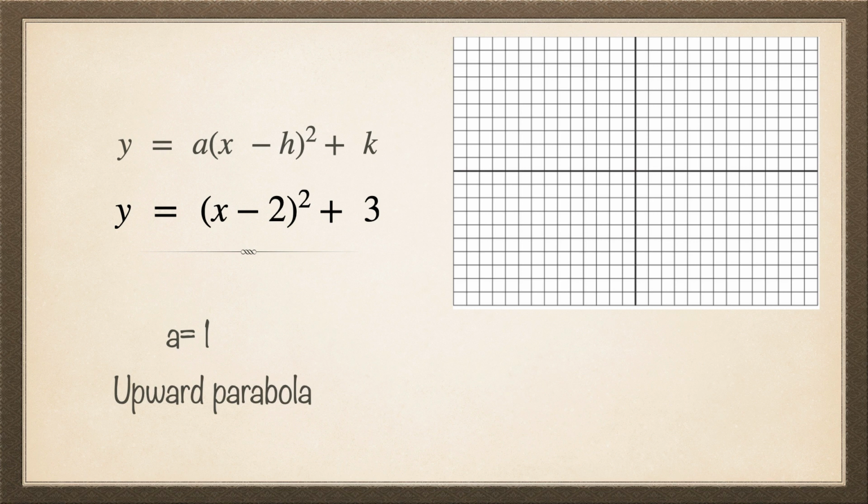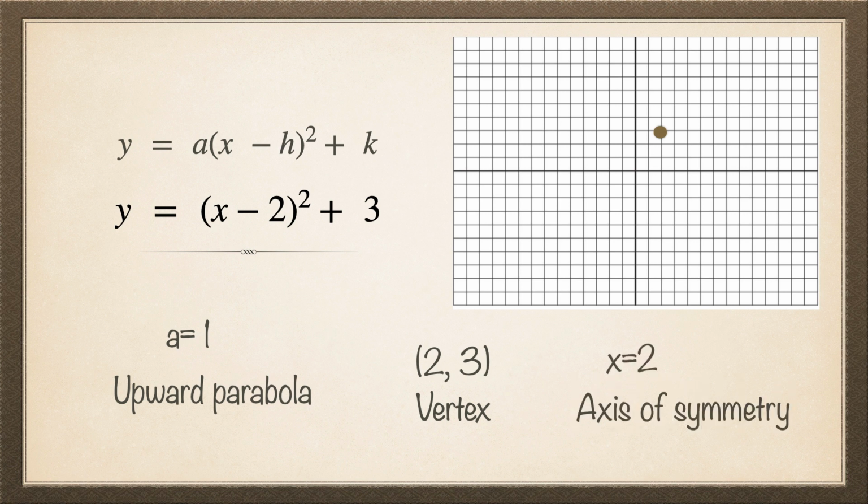What else do I know? Well, I know that my vertex is h, k, which means in this case it's going to be 2, 3. And because the x value, or the h, of the vertex is 2, my axis of symmetry is going to be at 2.